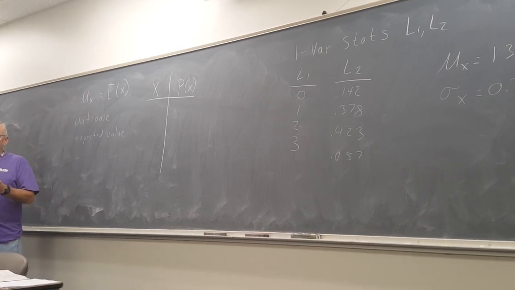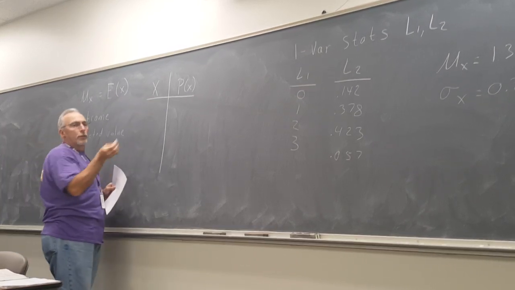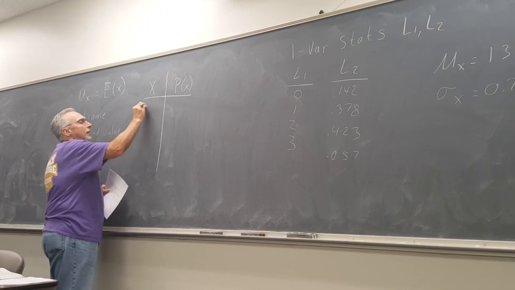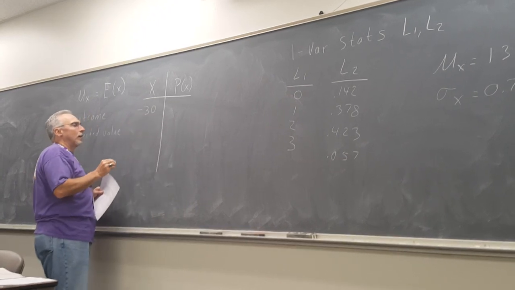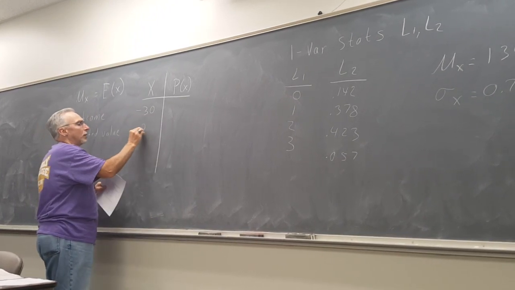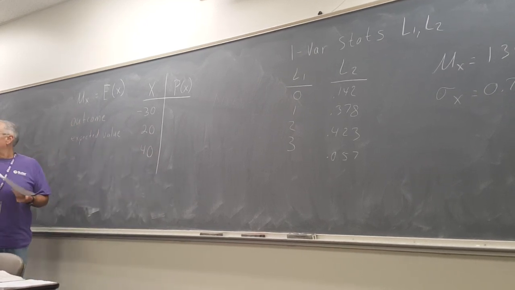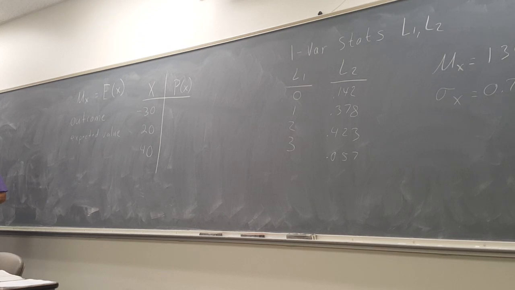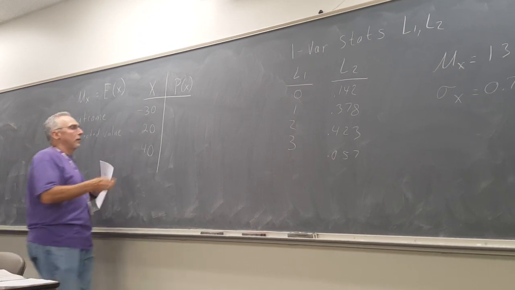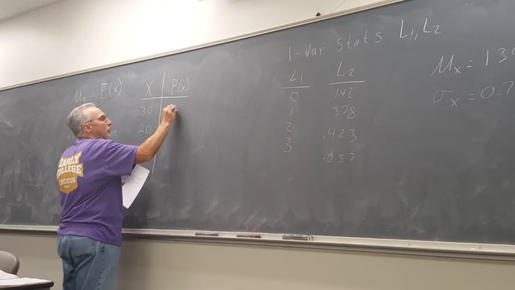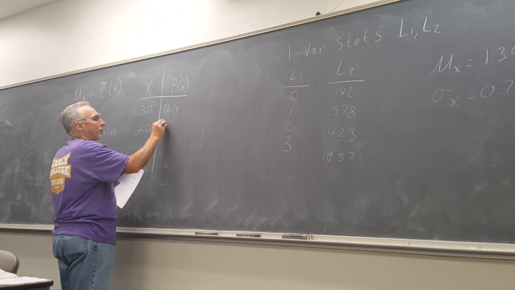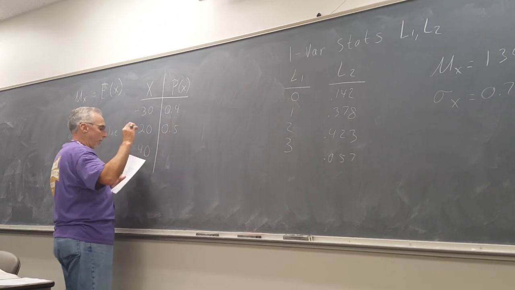So if you look at your outcomes, I can have a $30 million loss. Remember to make that a negative. I can have a $20 million profit or a $40 million profit. Quite a big swing. The probability of a loss of 30 million is 40%, which is pretty high.